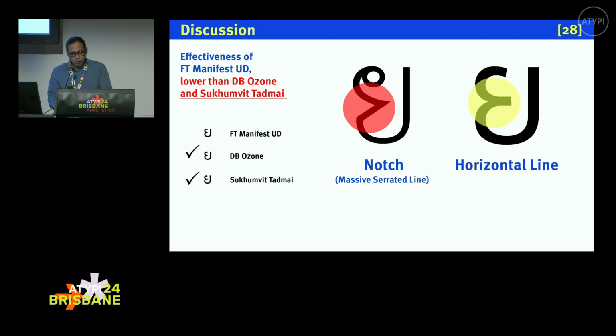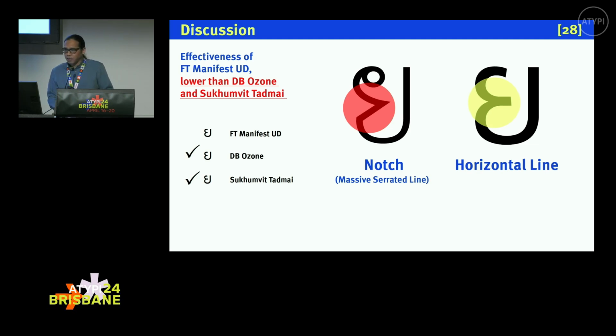This figure shows the character Yoyak. On the left is the Yoyak of FT Manifest UD, and on the right is the Yoyak of Sukhumvit Tadmai. This figure compares the letter form of Yoyak in FT Manifest UD and Sukhumvit Tadmai.